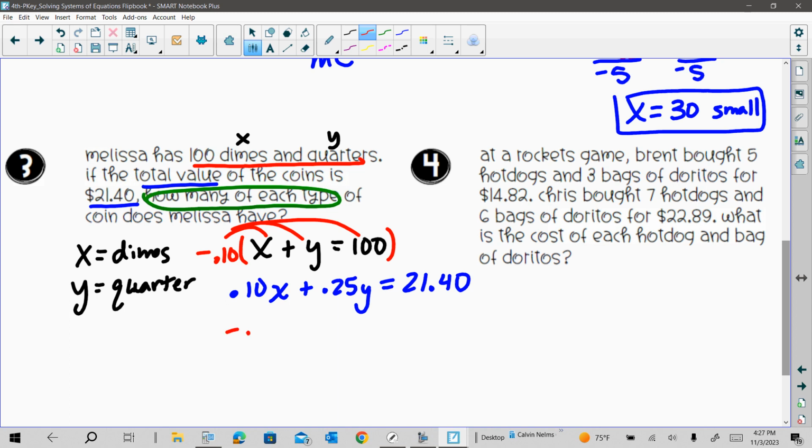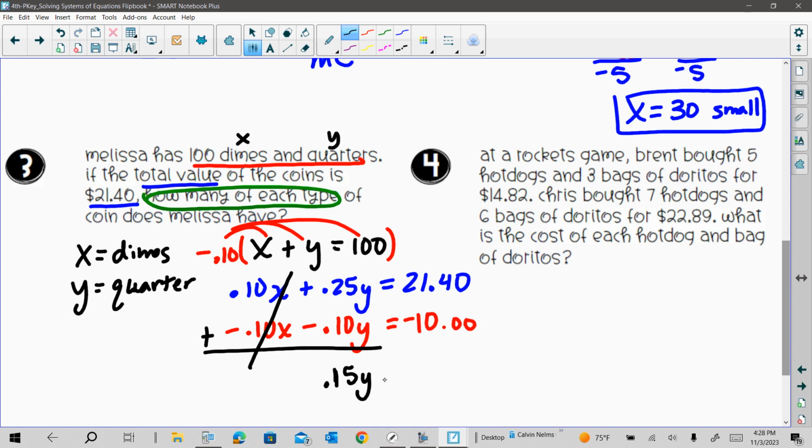It's going to be negative 0.10x minus 0.10y equals negative $10. Now I can eliminate the x's because they're opposite. One's positive, one's negative, and we're adding everything else. So I'm going to be left with 0.15y equals 11.40.